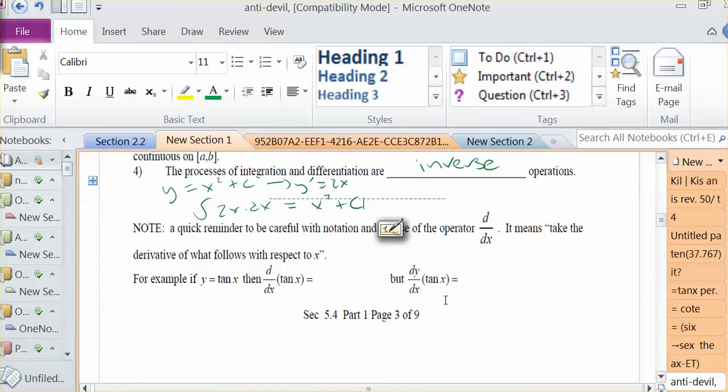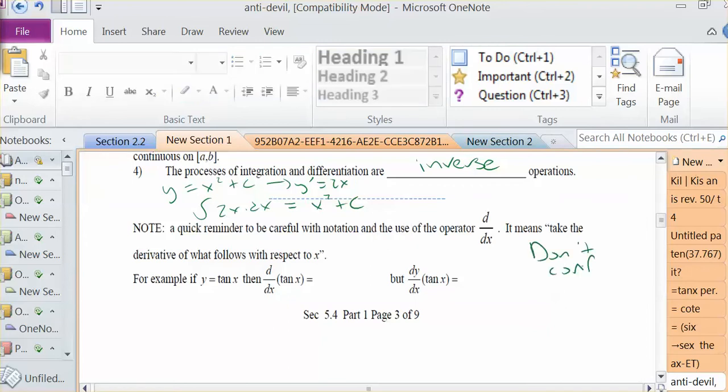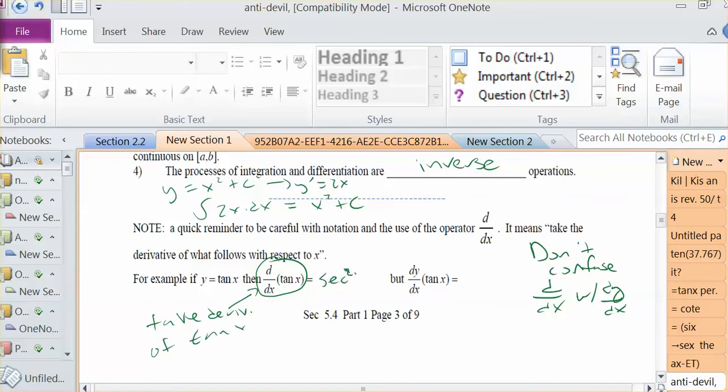Before we do some examples, it is imperative that we have a discussion about the operator d over dx. So you don't want to confuse d over dx of tan x with dy over dx times tan x. The first simply means take the derivative of tangent x, that's all, which you know is secant squared x. So it's an operation.